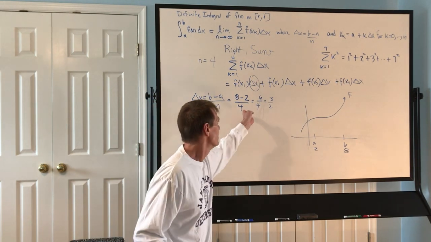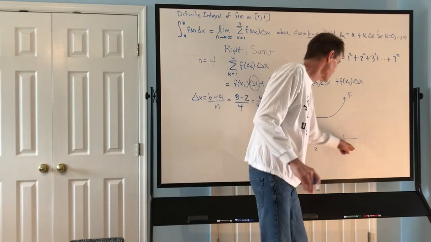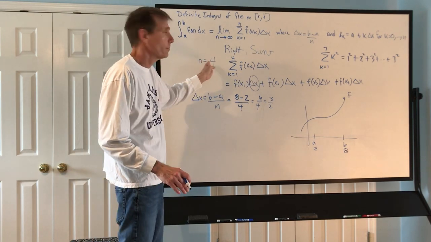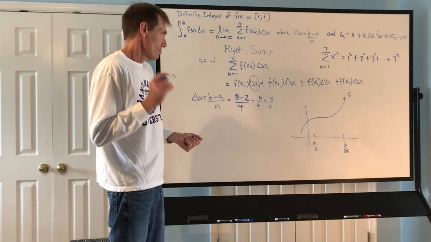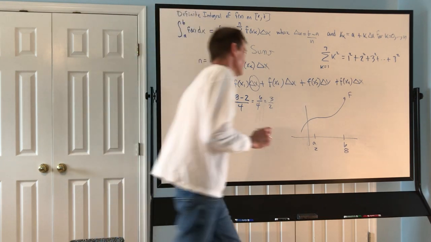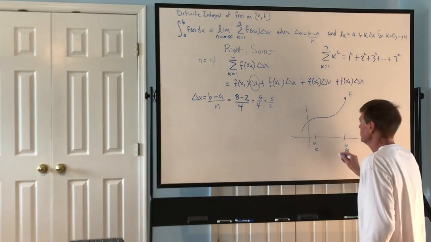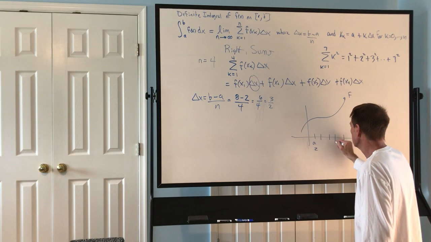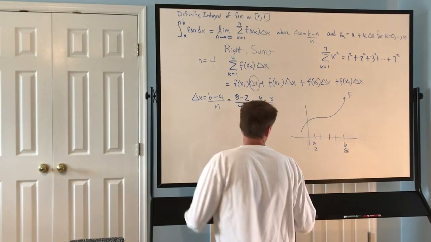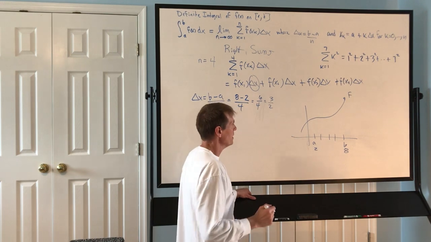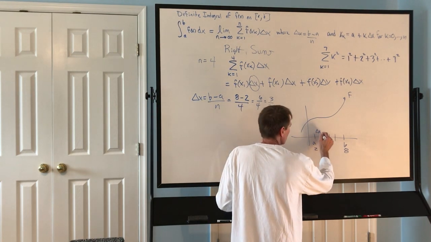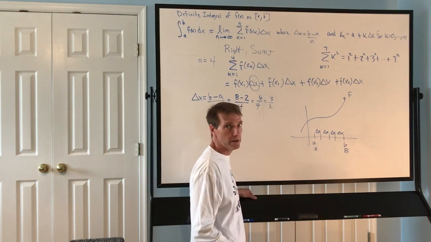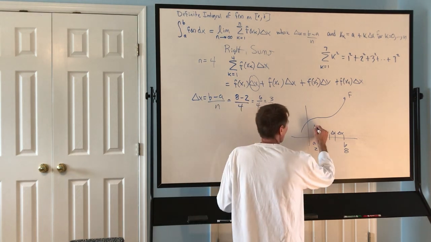So my delta x, I'm just taking the length of this interval and dividing it by the number of subintervals that we're using. What this essentially tells you is, if you chopped the domain between 2 and 8 into 4 pieces, how long each of these equally spaced pieces would be. Each of them would be 1.5.